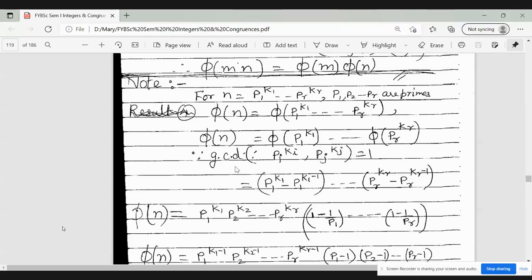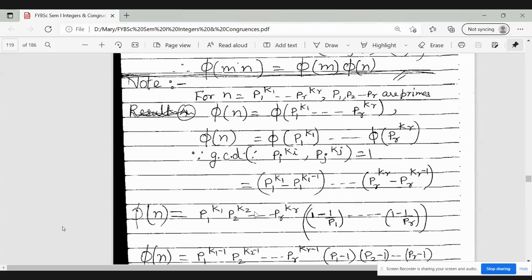So this helps me in finding phi of any number. Now some more simplification we can do. See, if I take p1 raised to k1 common from each of these, then what will happen? There will remain 1 minus 1 by p1. I'm taking p1 raised to k1 common here, so this is nothing but n.